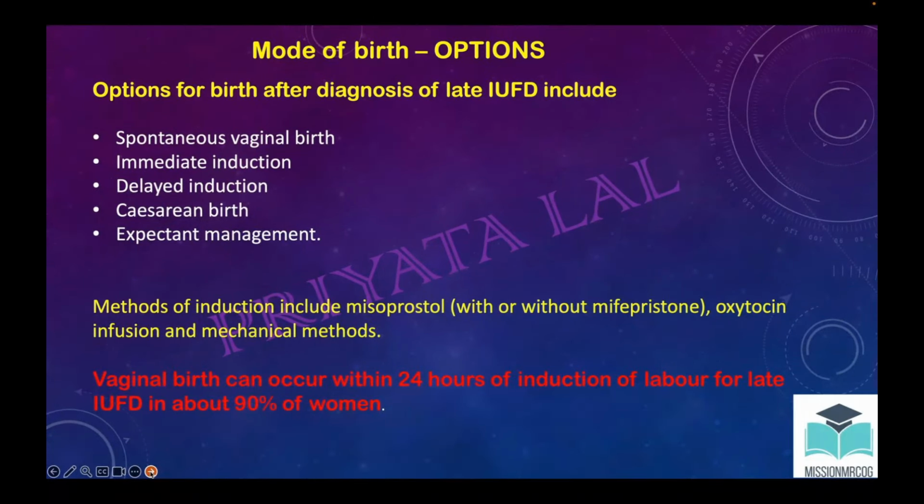If induction is done for vaginal birth, in 90% of cases the patient would deliver within 24 hours. This percentage is necessary for both Part 2 and Part 3 people. The choice of options is also important, because in Part 3 you have to give options to your role player.